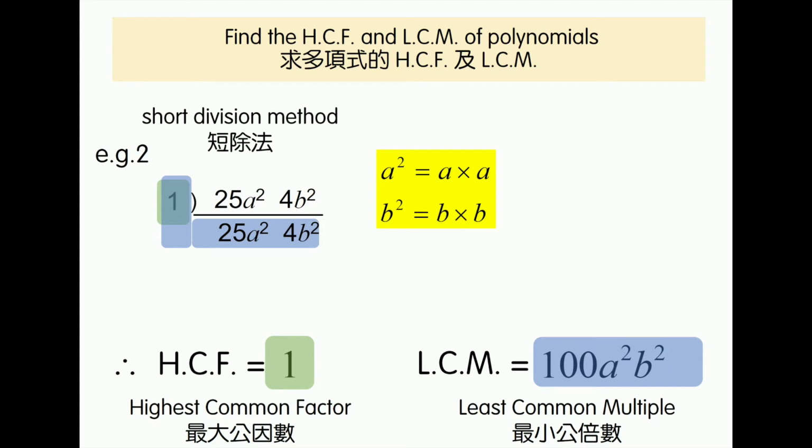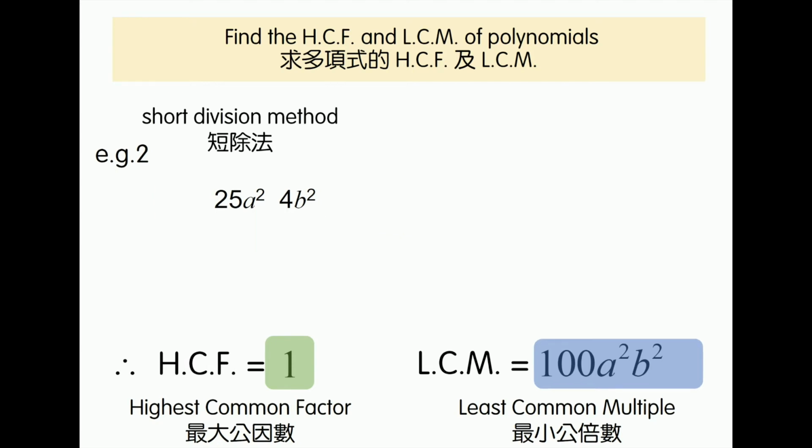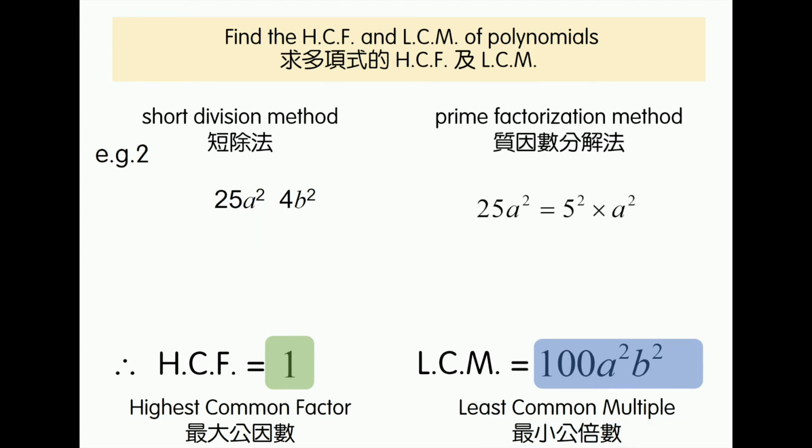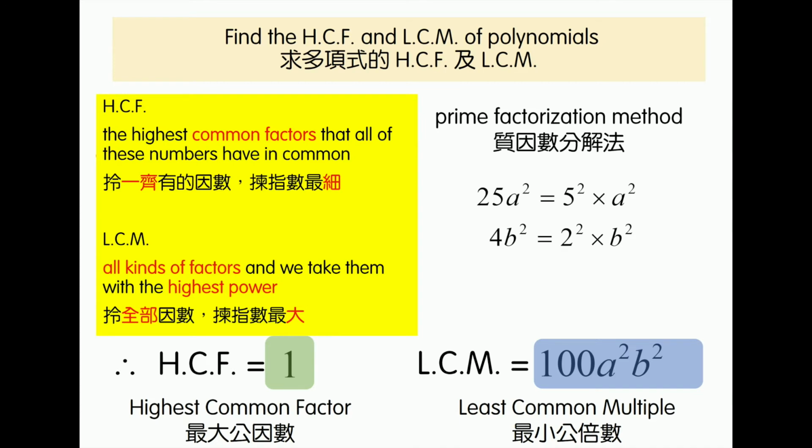How would it look if we use prime factorization? 25a squared can be written as 5 times 5 times a squared, which is 5 squared times a squared. And 4b squared, we can write it as 2 times 2 times b squared, or 2 squared times b squared. Let's get our handy tool.